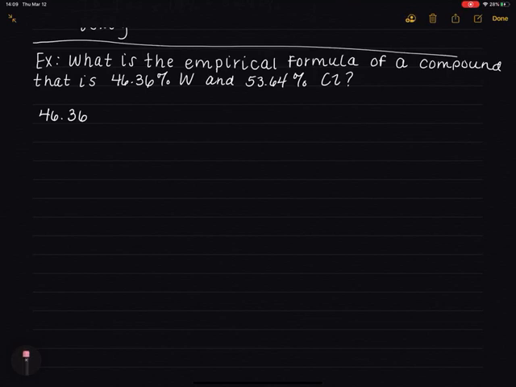Why is 100 grams really convenient for us to talk about here? Because you can use the percentages as the masses. If I have 100 grams and 46.36% of it is tungsten, then I know I have 46.36 grams of tungsten.